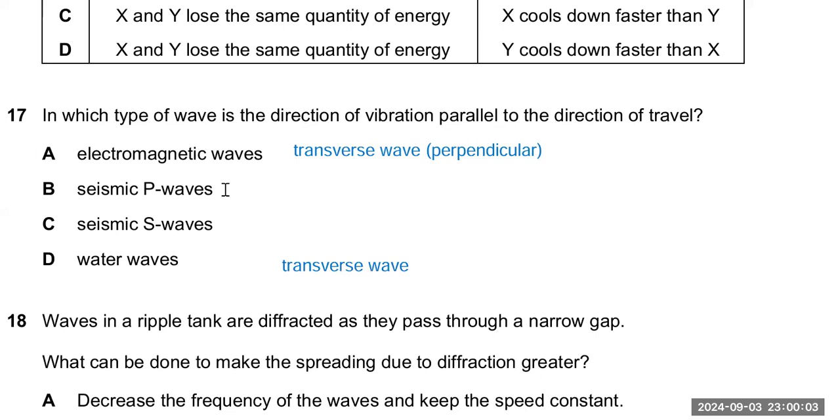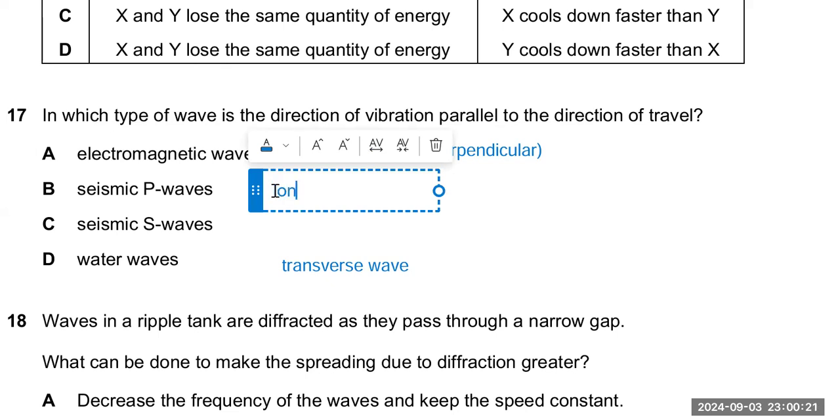Primary waves are those waves which compress and expand the earth materials in the direction of travel, creating a push or pull motion. It means this is related to the longitudinal wave.